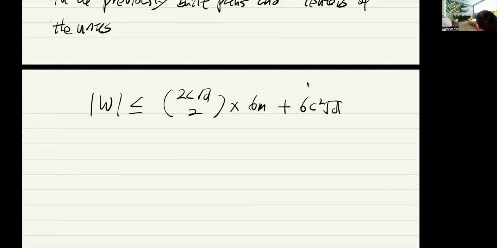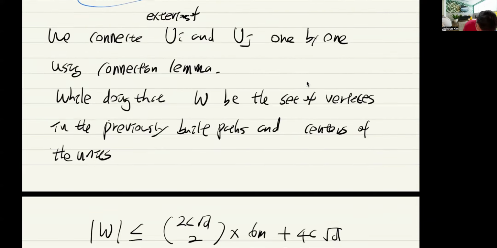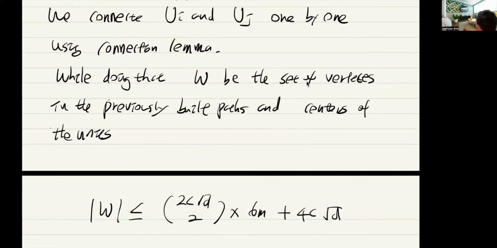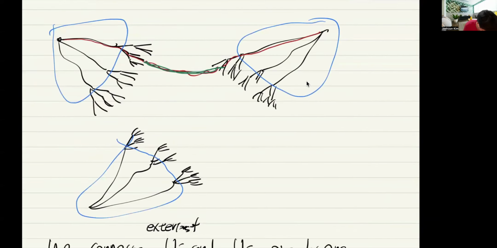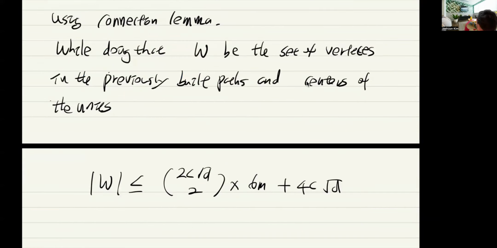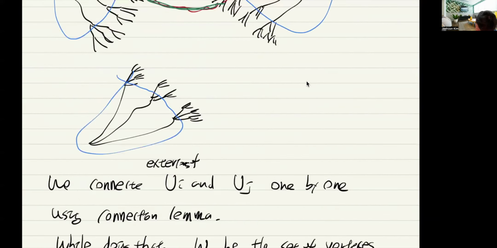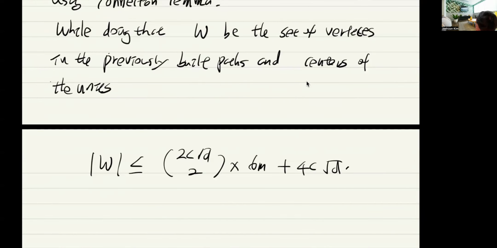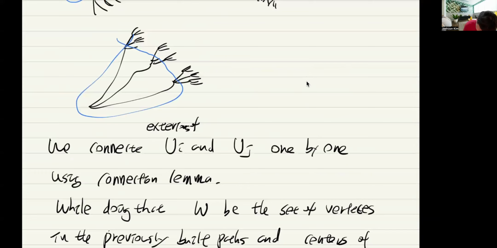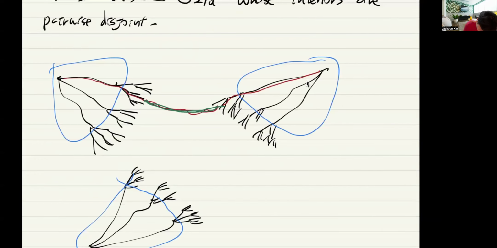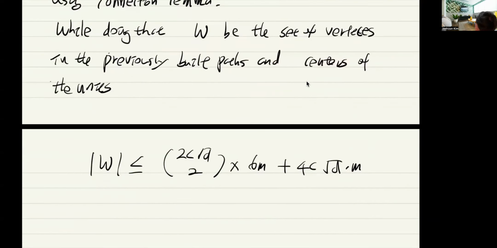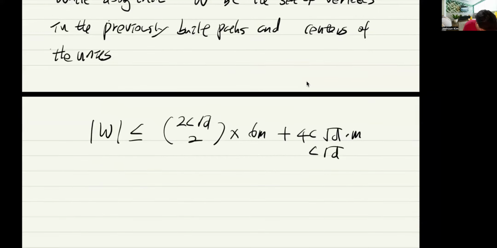And there are this many interior vertices, like this times the m, the central vertices, and then there are c square root of d of them.